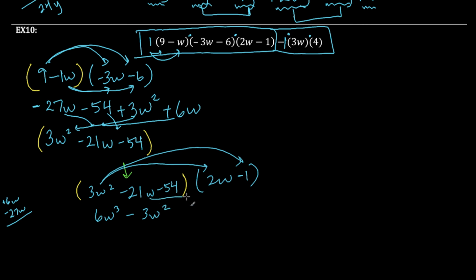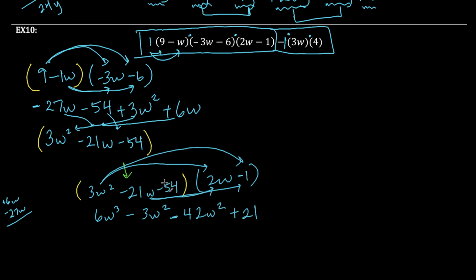A negative times a positive is a negative 42w. W times w is w squared. And a negative times a negative is a positive. 21 times 1 is 21. There's a lot to keep track of here, so I'm trying to be careful.